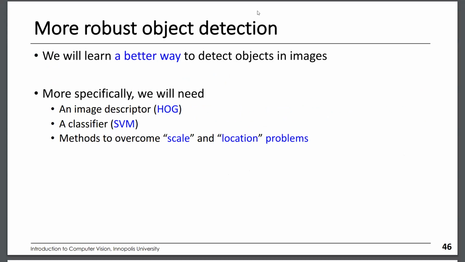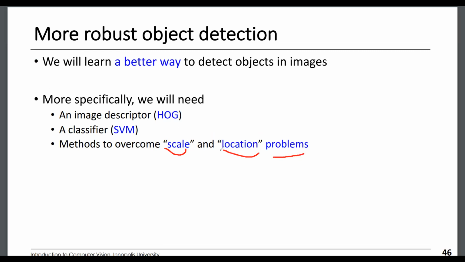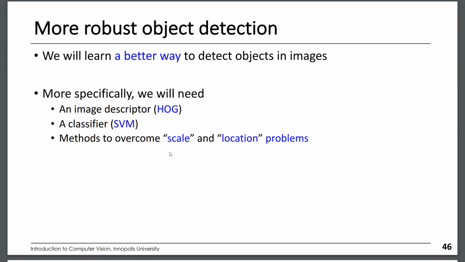So as we've seen, this object detection technique still suffers a little bit from scale and location problems. So what they proposed is another algorithm called HOG combined with a classifier such as SVM that overcomes the problems of scale in object detection, right?